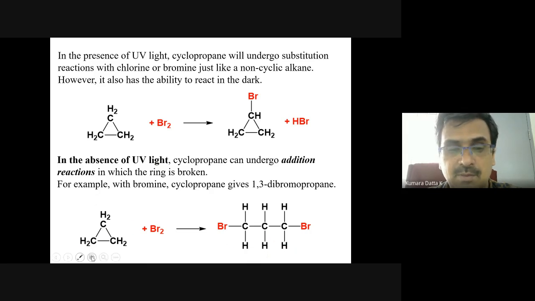So bromine will be added here and here so that this will form the center carbon atom. So we are looking at the bond cleavage, like the cyclic system is broken.